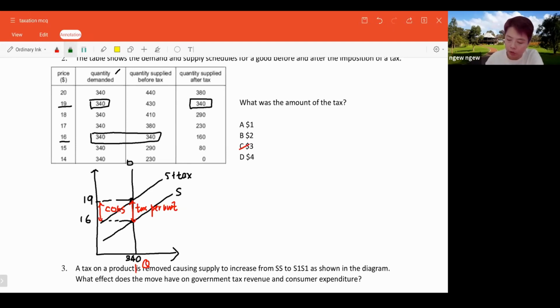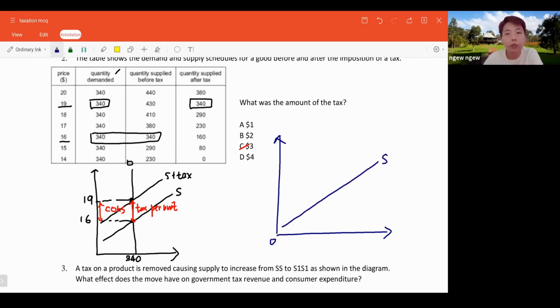This is the first way that I would like to share with you. Now I would like to share the second method of handling this kind of question. Going back to the indirect taxes video, we know that the supply shows the willingness and ability to supply any amount. So let's say I take 290 as an example. Originally, before tax, firms are willing to supply 290 at 15 bucks.